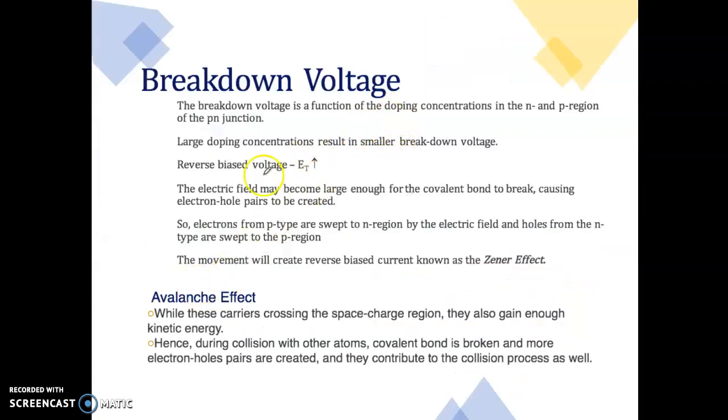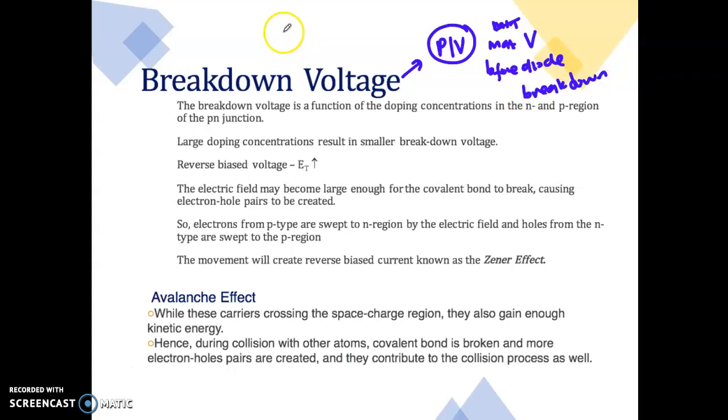As an explanation, the breakdown voltage you can relate to what we learned previously, where we have PIV. What is PIV? The maximum voltage before the diode starts to break down.